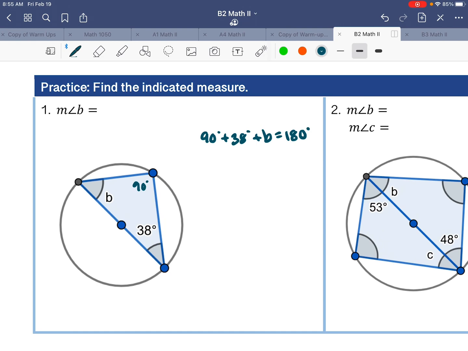So we just need to take it away from 180 because our total interior angle sum of a triangle is 180. So I'm just taking both of those away. And that gives me 142. So that angle is 142.